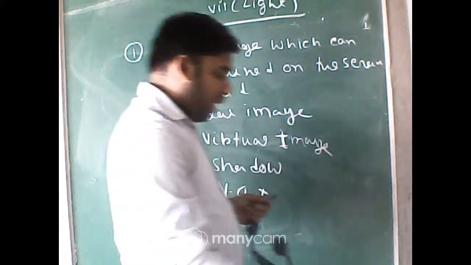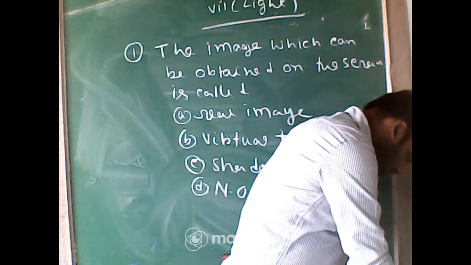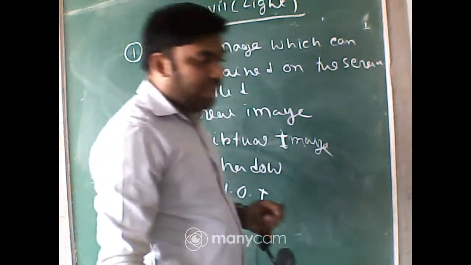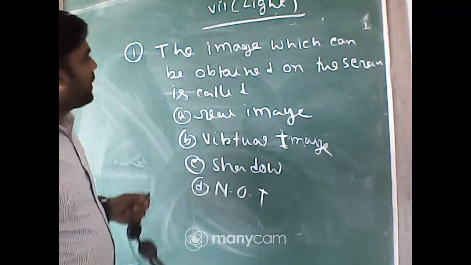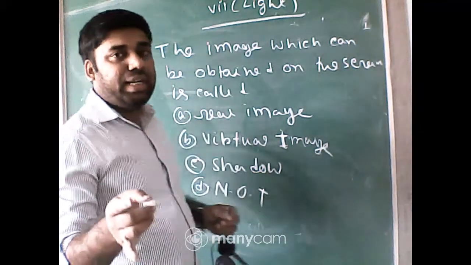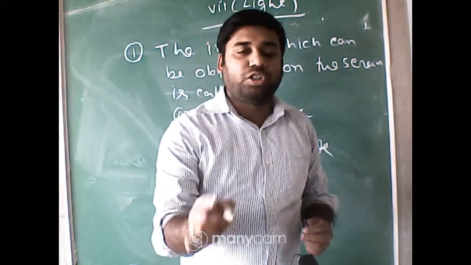Okay, so the right answer is: the image which can be obtained on the screen is called a real image, and a virtual image cannot be obtained on the screen.